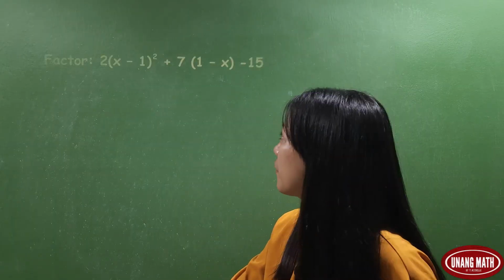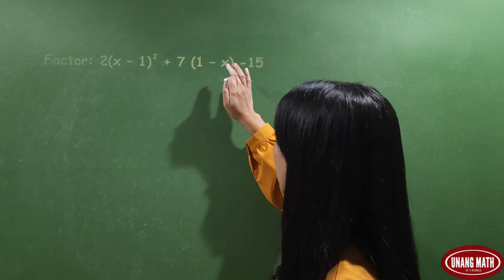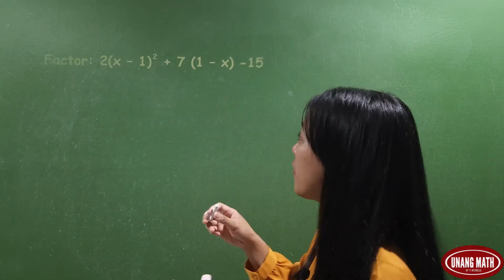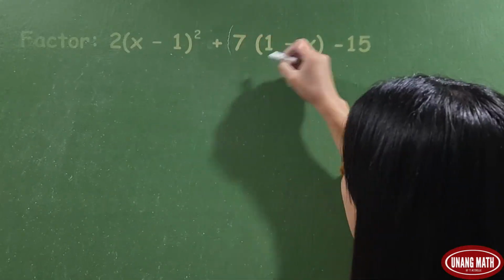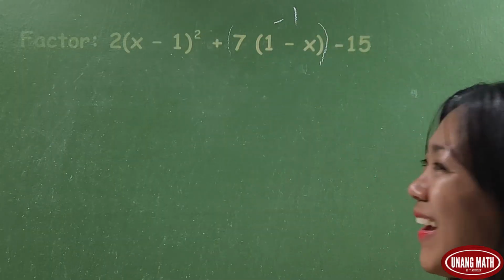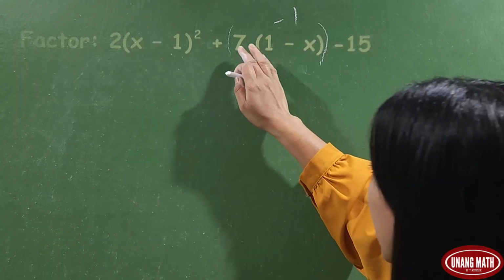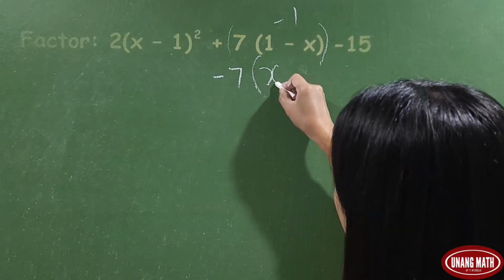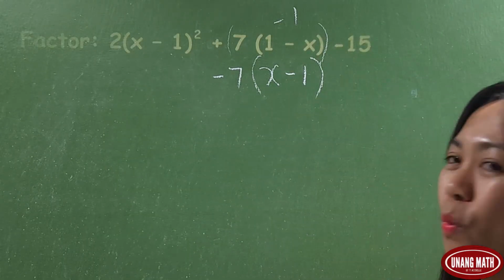But in here, we can make 1 minus x as x minus 1. So how will we do that? We're just going to multiply this by negative 1. So in here, this will become negative 7, and this is now x minus 1.